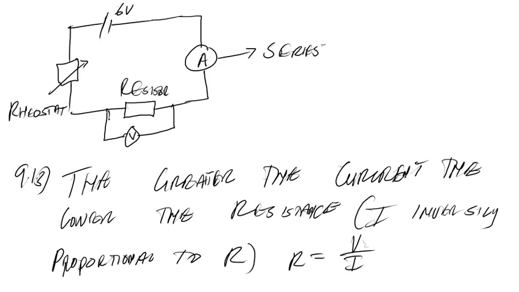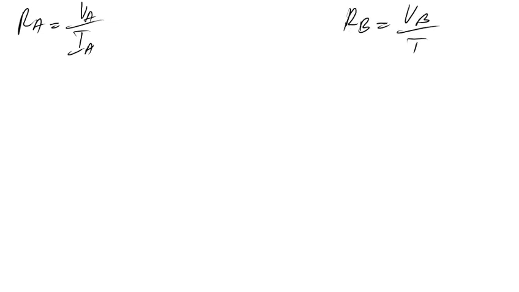So if we go to the graph, let's say RA, remember this is a ratio. If you go to the graph and use Ohm's law, you're going to find RA is equal to VA over IA. Let's just compare them with VB over IB.